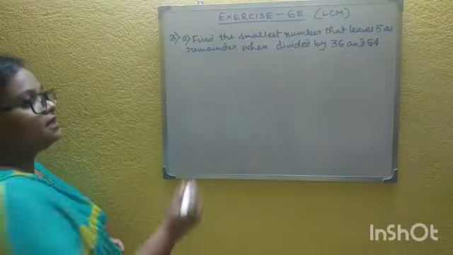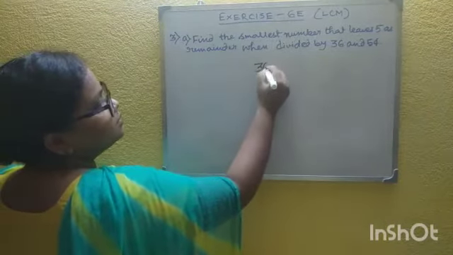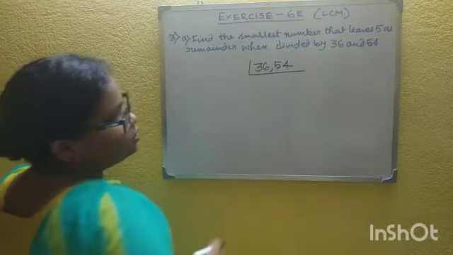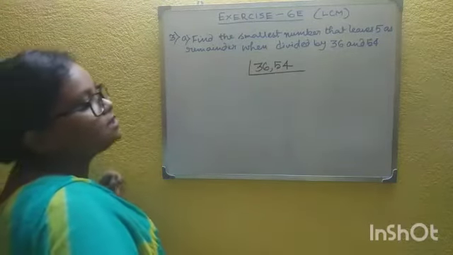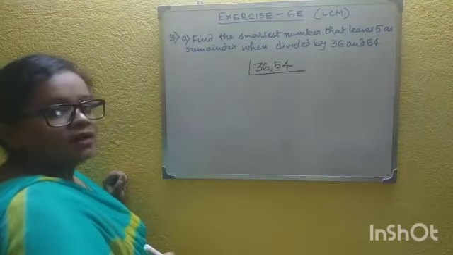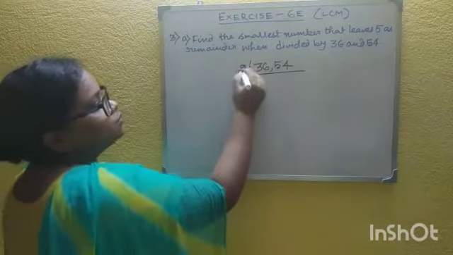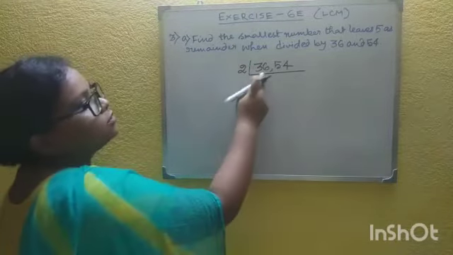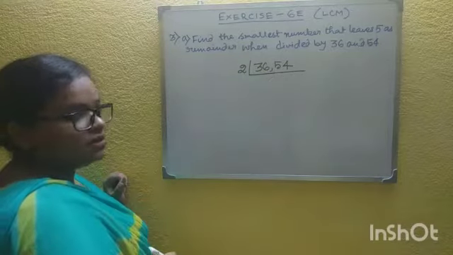So let's find LCM of these two numbers first. So first we will have to write them in a row. Then we will have to consider a number that will divide at least one of them. So let's take 2. Now this will divide both because both of these numbers are even numbers.